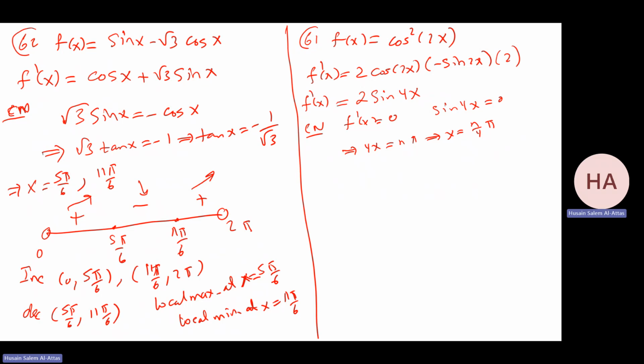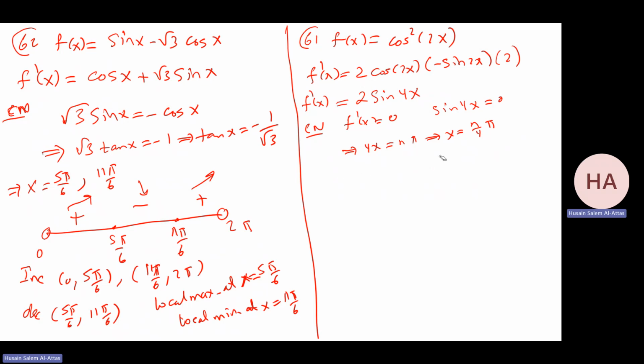Now we'll check n. I take n equal 0, I'm getting 0, but 0 is not there, so forget it.